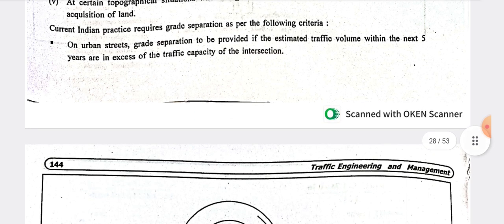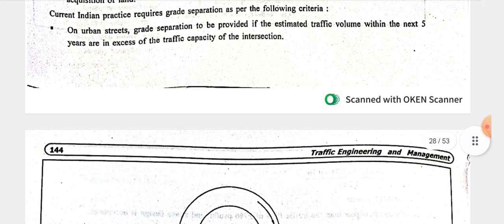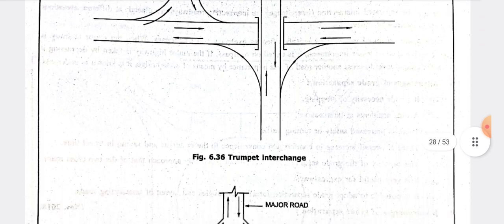Now, current Indian practice requires grade separation under some criteria. First, on an urban street, grade separation is to be provided if the estimated traffic volume within the next 5 years will exceed the traffic capacity of the intersection.